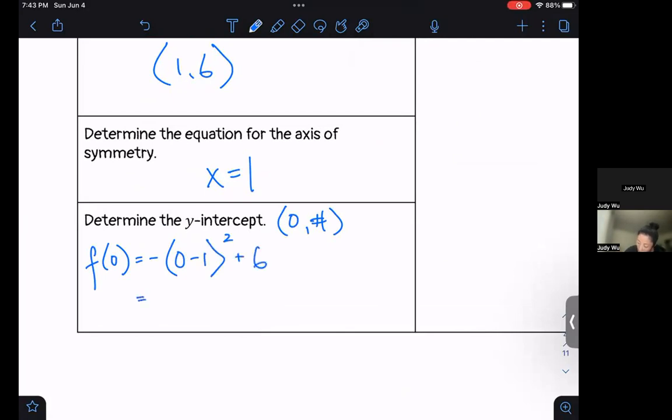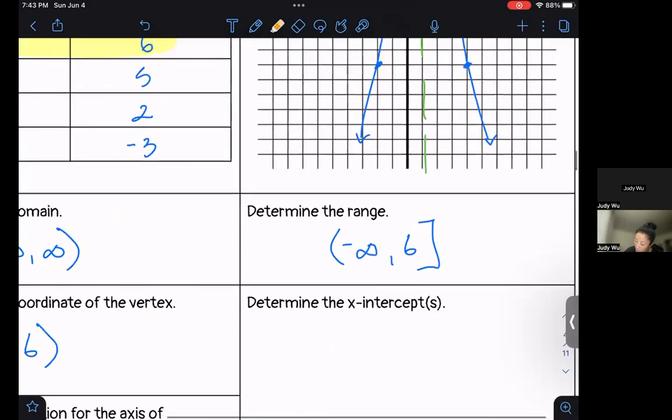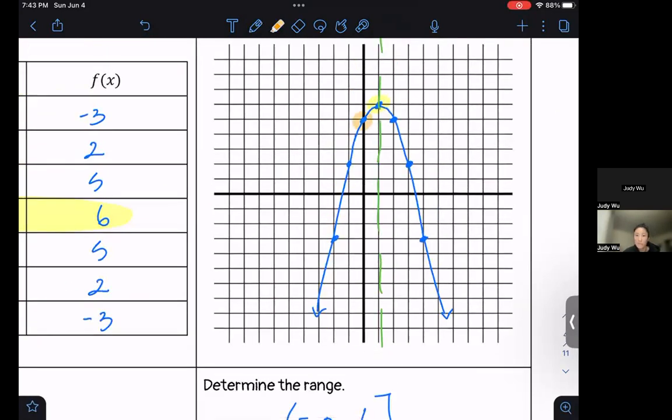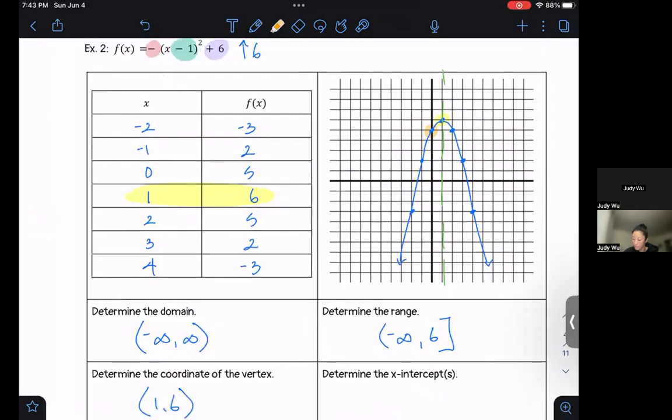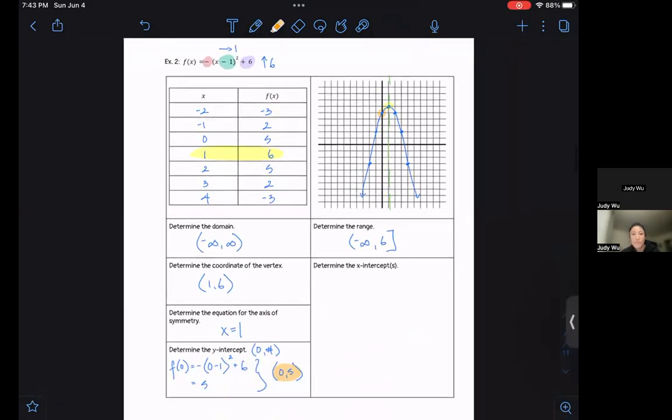All right, negative 1 squared is 1, negative 1 plus 6 is 5, and so we want to write this as 0, 5 for our y-intercept, and that should be the same as right on our graph. Okay, so those characteristics, not so bad. But we want to practice doing our x-intercept ones the same way we did the last example, okay?